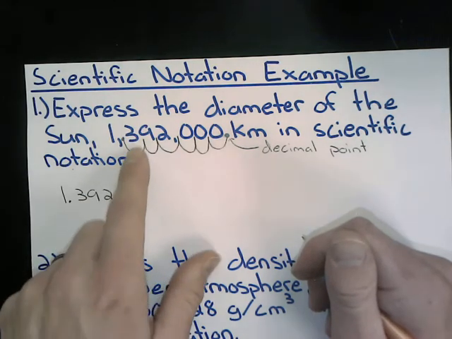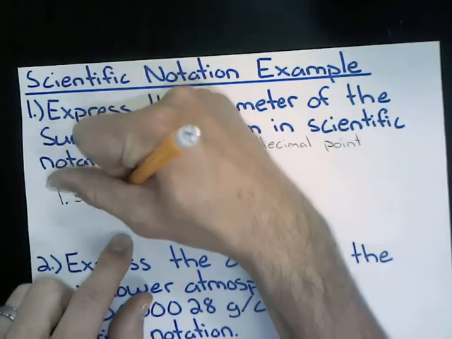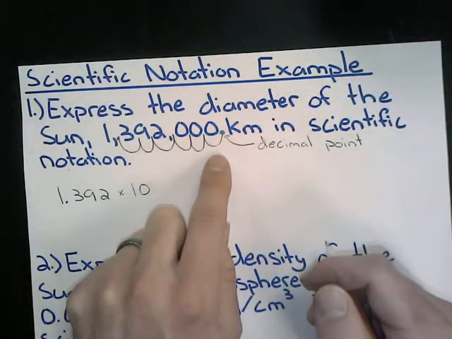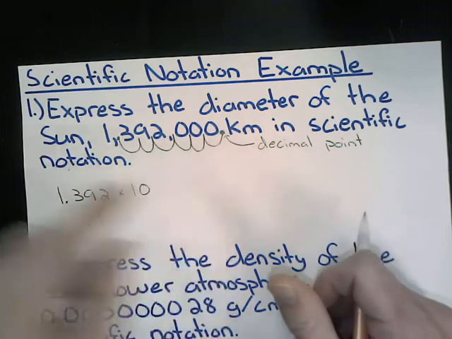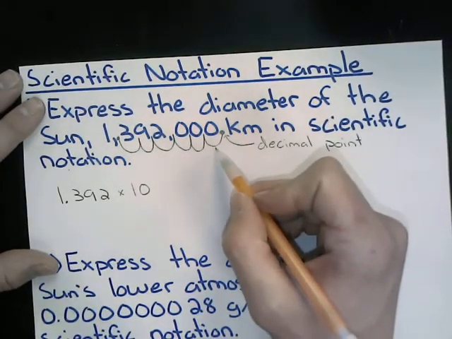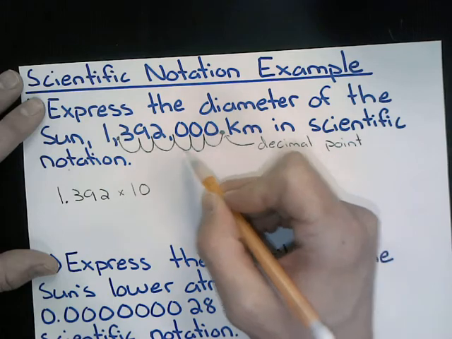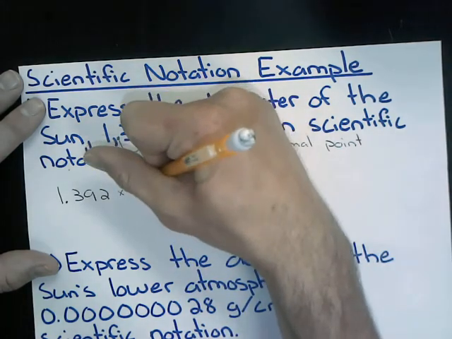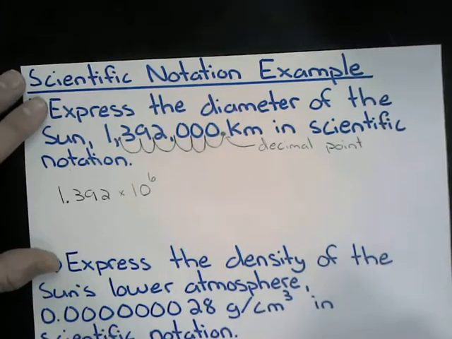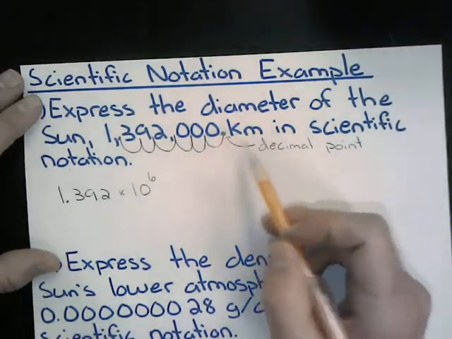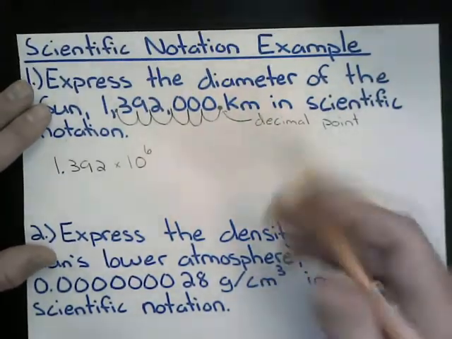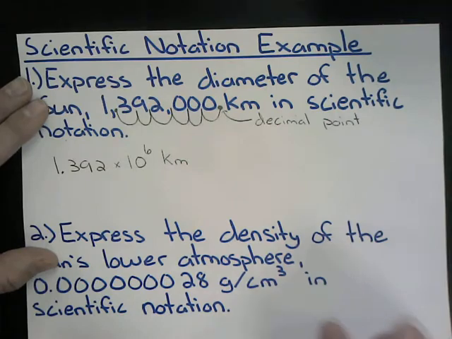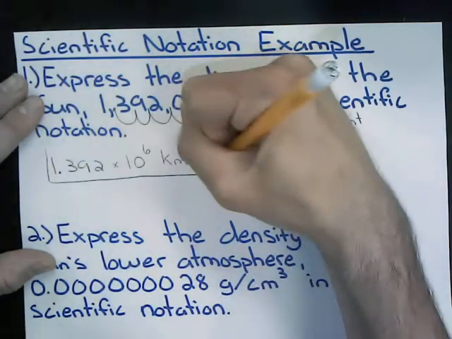So this would be 1.392 times 10 to a positive power, and the positive power is equal to the number of places the decimal moves, or these humps. So we have 1 hump, 2, 3, 4, 5, and 6. So this is going to be times 10 to the 6. And we always need to have a measurement, which means we need to have a unit. So our unit here would be kilometers. And that would become our answer.